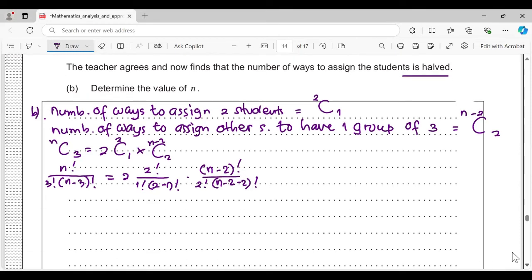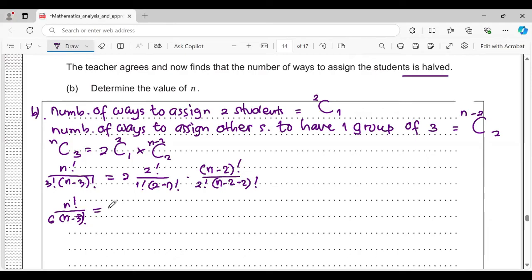So next is n factorial over 6, because 3 times 2 times 1, times n minus 3 factorial, sorry, 3 factorial.